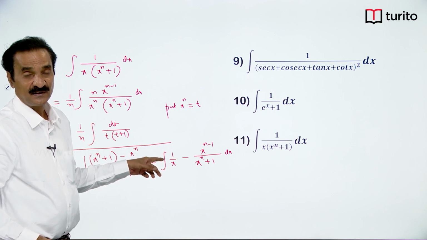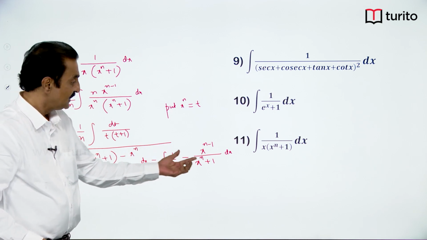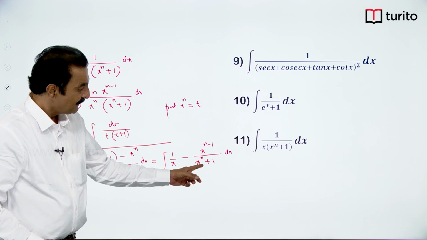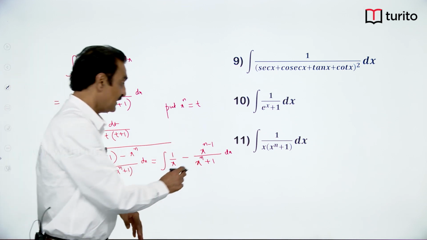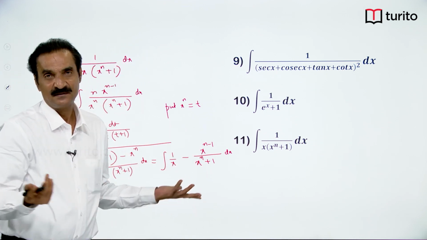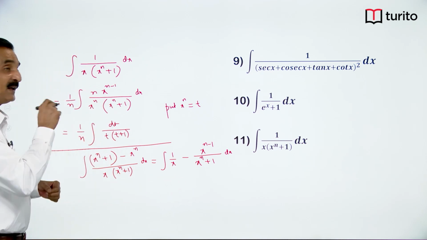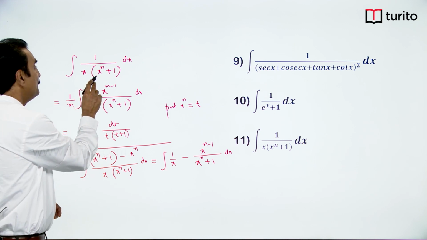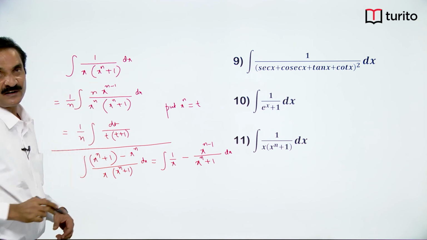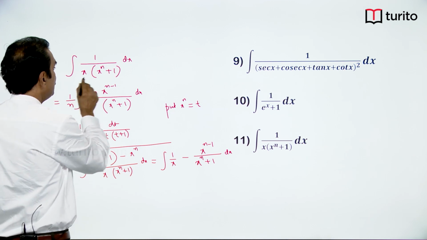The integral of 1 by x is ln mod x. What will you do here? If you multiply and divide by n, it becomes f dash x by fx. Finished. Okay.